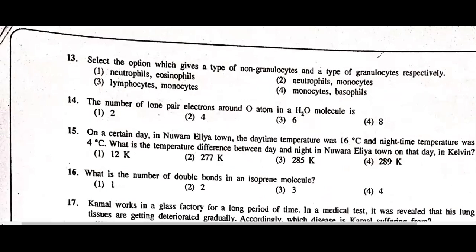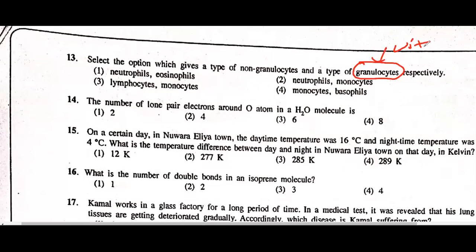granulocytes, with granules. Granulocytes means with granules. I'll give a short method. If the name ends in phils, then it's granulocytes.